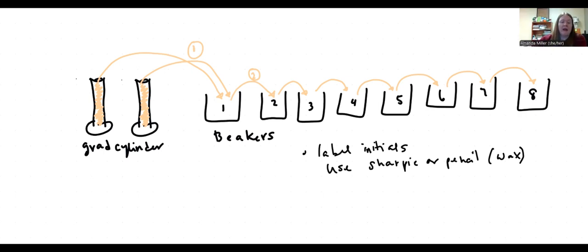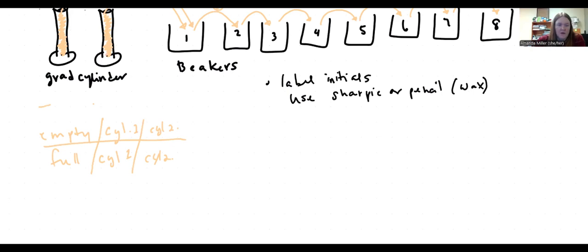So we're going to weigh the empty cylinders and the full cylinders. And then we'll have beaker 8 empty and beaker 8 full.